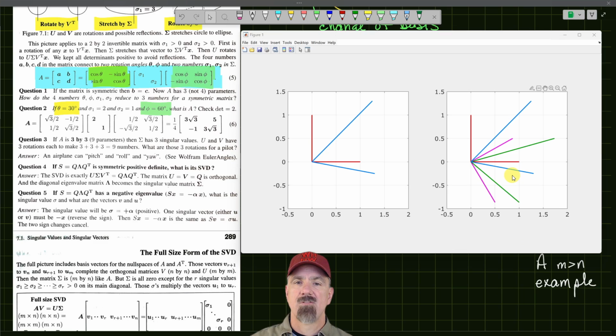So this is what singular value decomposition is doing. It's finding a location between two different change of bases where the action of A is diagonalized.